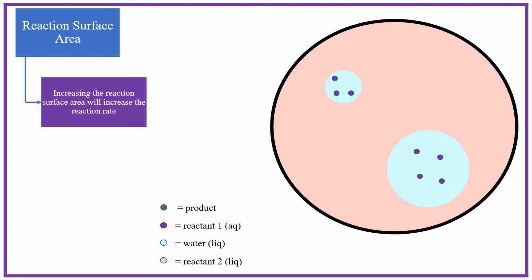The concept of surface area can be difficult to visualize for homogeneous liquid systems, so imagine the oxidation of solid carbon by oxygen gas. The oxygen gas only permeates the carbon at the exposed surface, so if you maximize the surface area, you also maximize the area where oxygen and carbon have contact and react, which will increase the reaction rate.